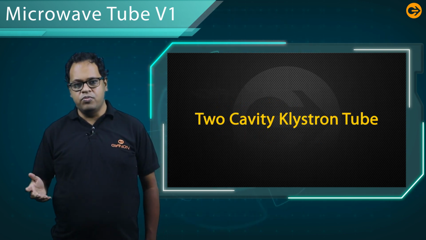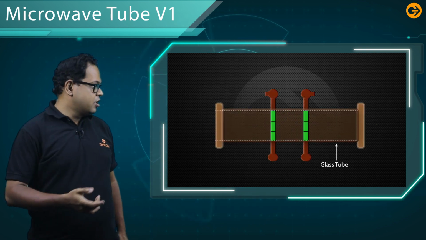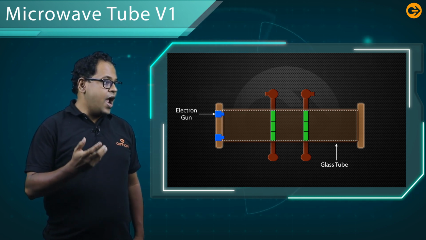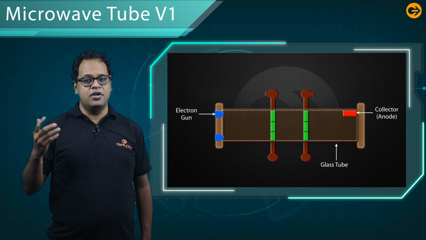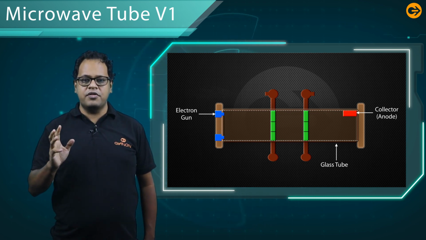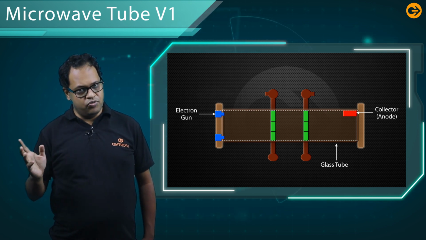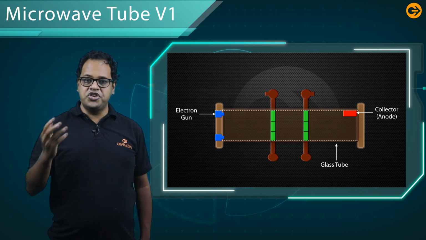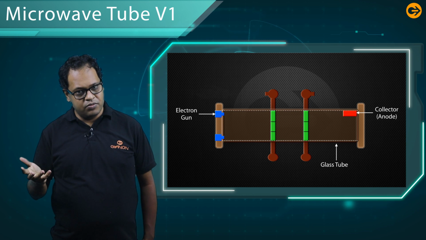Two-cavity klystron tube is basically made of one glass material. Here, one electron gun is used to generate the electrons and a collector, that is the anode, is used to collect those electrons. Here two cavities are used, that's why the name is two-cavity klystron tube. This kind of device can generate electrons as well as amplify the signal.